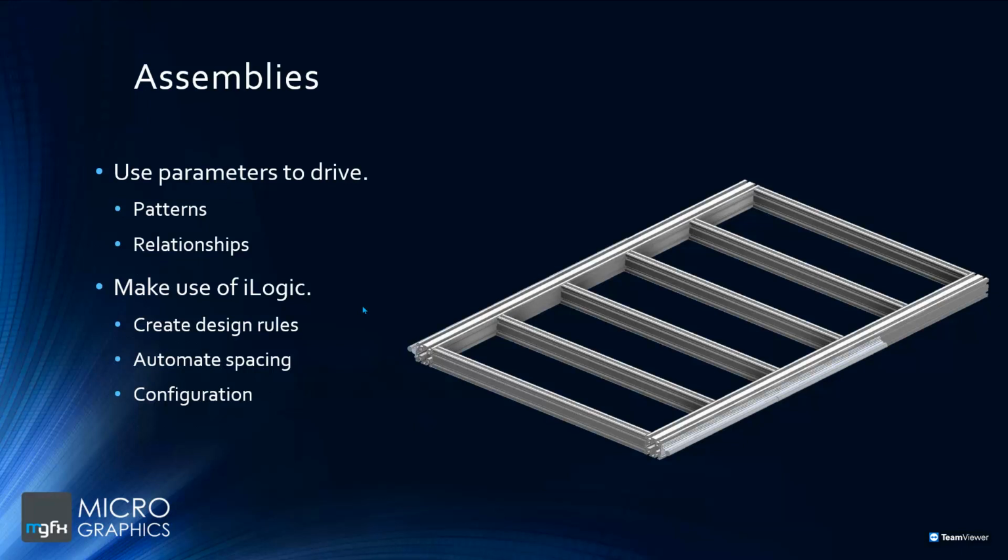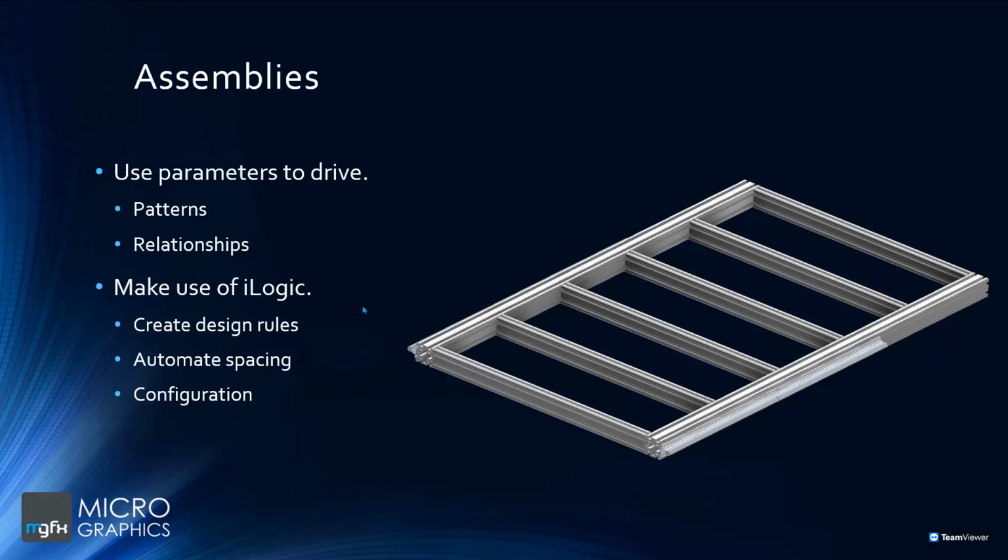Those are driven using a pattern and putting parameters from that skeleton for the overall length of the component, the width of those frame members that we used. All that information can be used to generate that pattern. So as you update the length, you have either more or less cross members that are inserted into that frame.